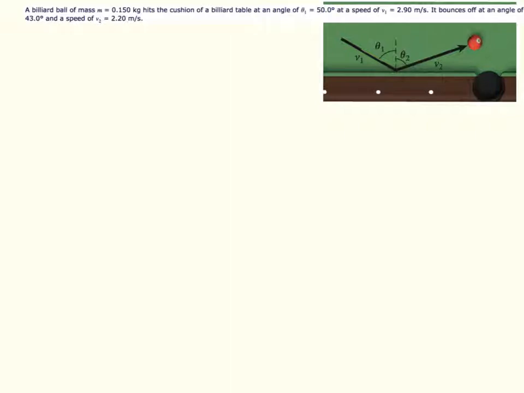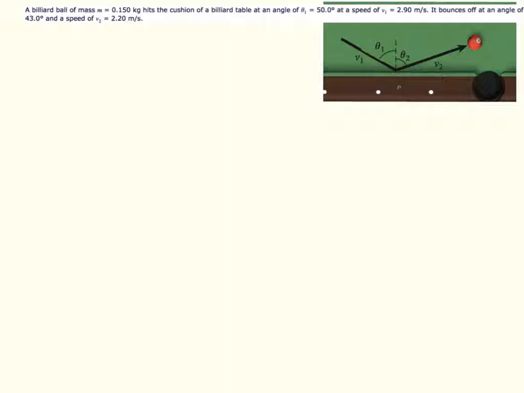And the question we're trying to think about is the direction of the change in the momentum and the magnitude of the change in momentum. And we know that there must be a change in the momentum here because this railing is outside the system. So the billiard ball's momentum is not conserved because it hit the railing.